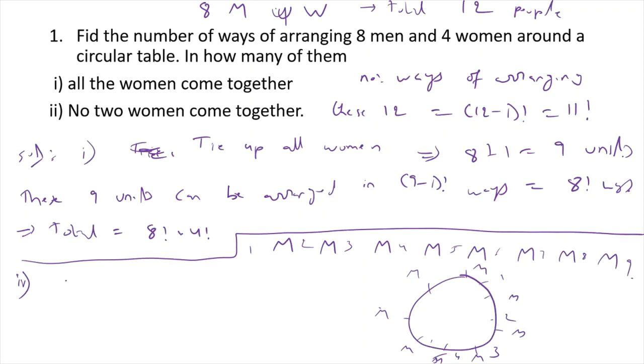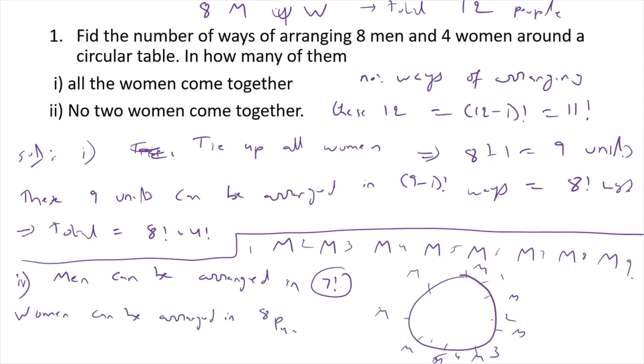Now, men can be arranged in 7 factorial ways. Women can be arranged in 8p4 ways.